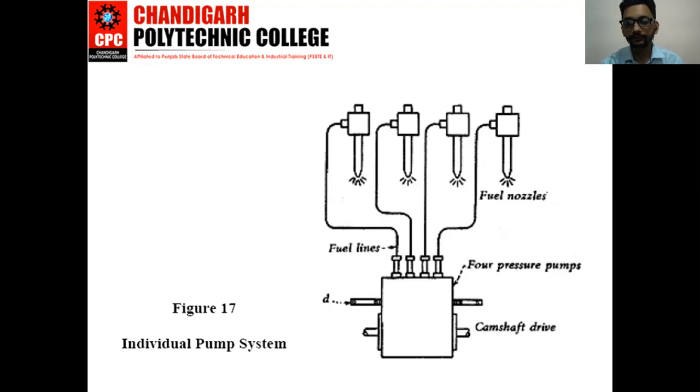In common rail, you see the basic common rail, which supplies fuel at equal pressure to the injectors, and in the individual pump system, each pump is connected to an individual pipeline by the 4 pressure pumps, and the pressure pumps are directly connected to the fuel tank.